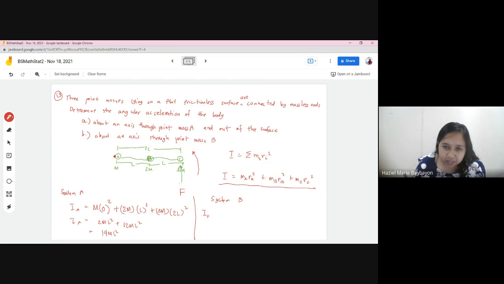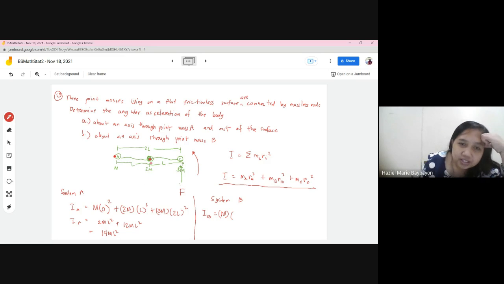So I sub B is equal to M sub A, and we know that M sub A is M. Now, our R sub A is not equal to 0, since for system B the axis is here, in the middle of the two. If it rotates about this axis, C is on one side and A is on the other.